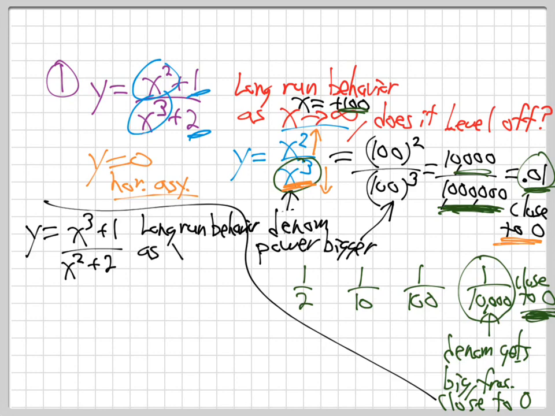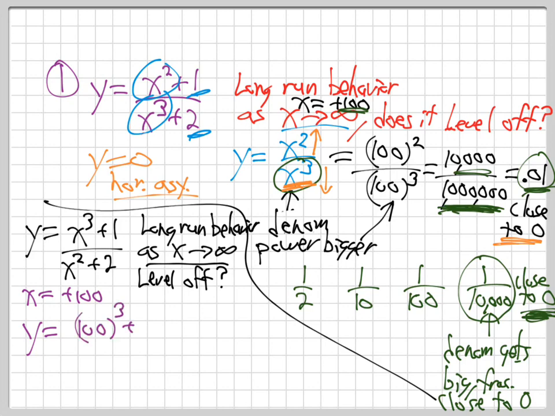So meaning as x goes to infinity. Okay, so as x goes to infinity, does it level off? Is there a horizontal asymptote? Well, you know the deal, right? We're going to plug in like 100. Let's plug in x is positive 100. So what will y equal?